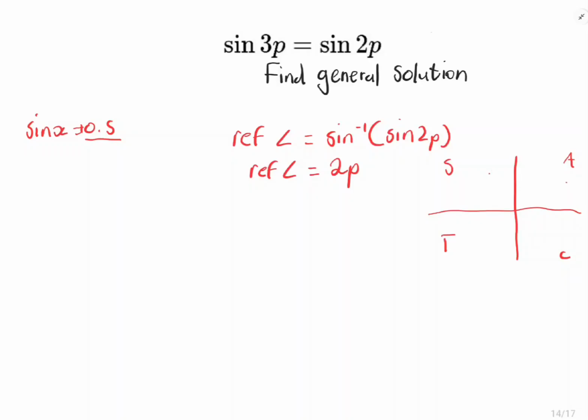But now we have a different situation. We have to ask ourselves, in which quadrant is sine 3p going to be sine 2p? So it's like, in which quadrant is sine going to be sine? In which quadrant is sine going to be itself?